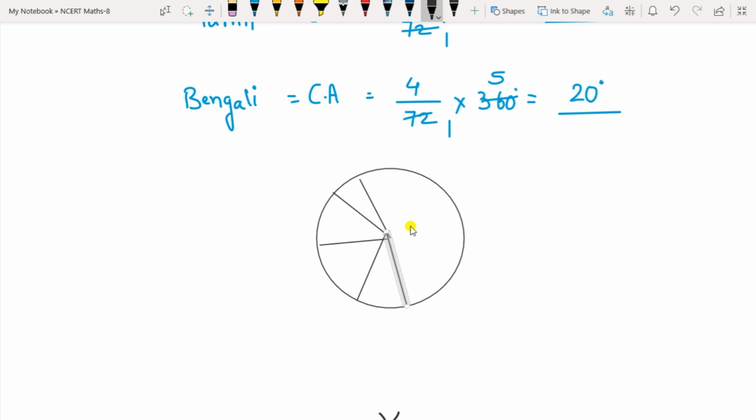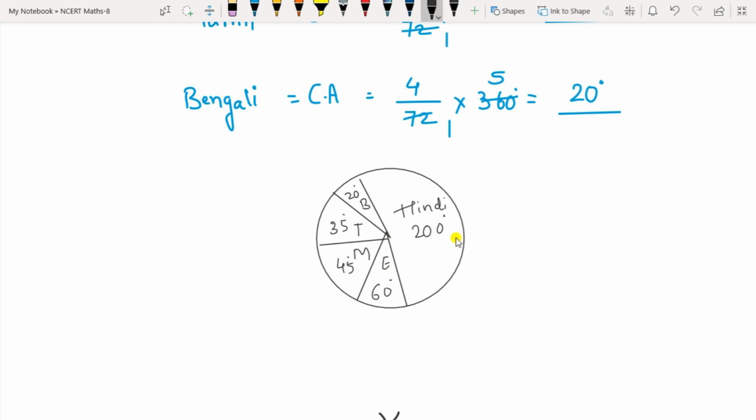Now here it is not possible in this app to draw all the things properly according to the scale. So this is the rough figure I have drawn. So here Hindi is 200 degrees. Then English is 60 degrees. Bengali 20 degrees. Then Tamil, 35 degrees. And then Marathi, 45 degrees.